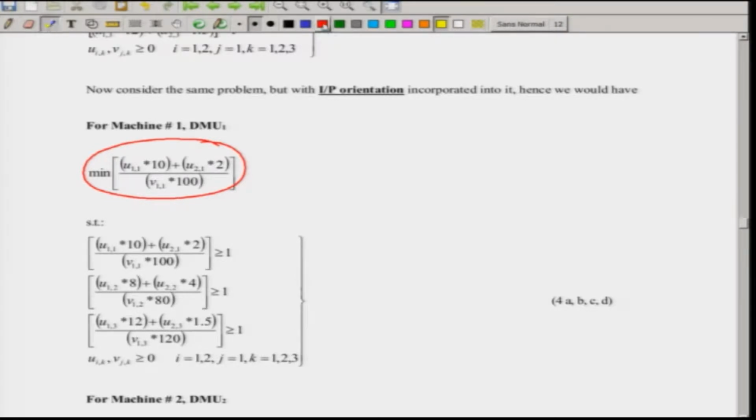I will highlight it using the red color. So, I am trying to minimize, and this is the objective function for the first DMU.